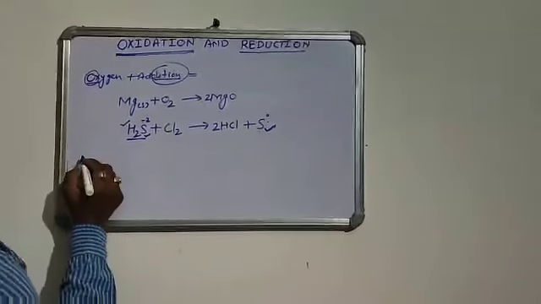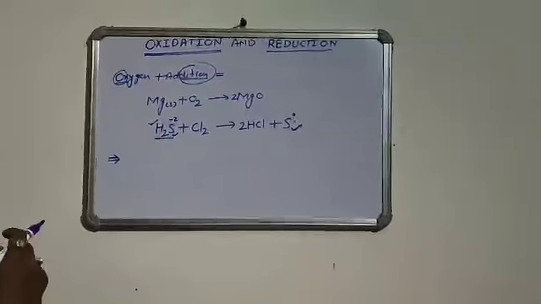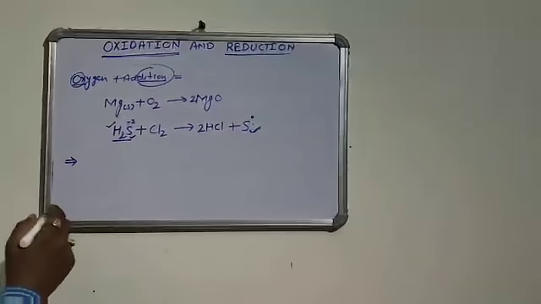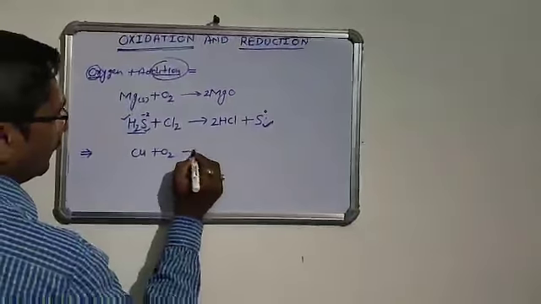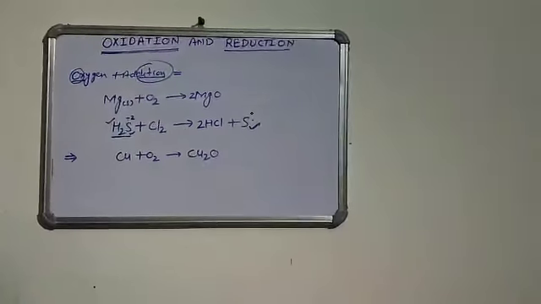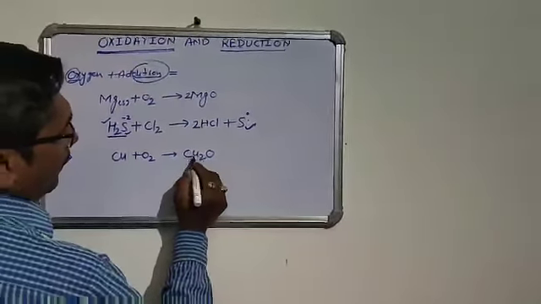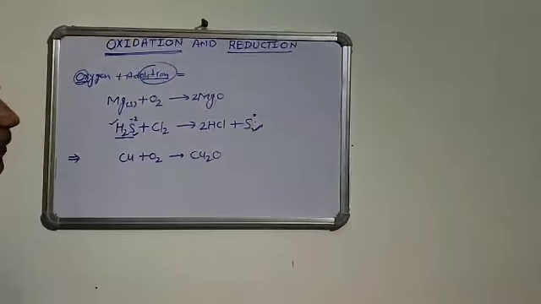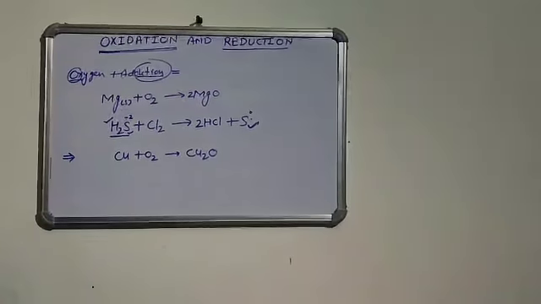So we will take some examples related to oxidation and reduction. First example is Cu plus O2 gives Cu2O. It is called cuprous oxide, because copper has one valence.